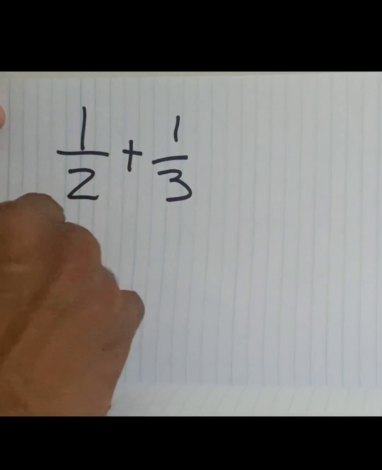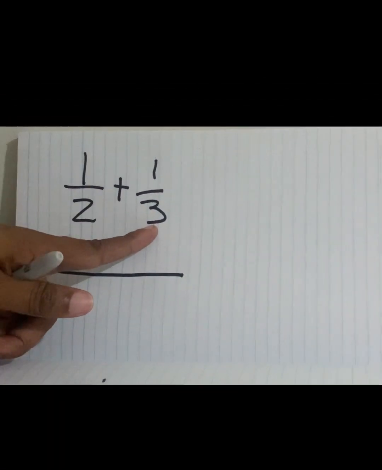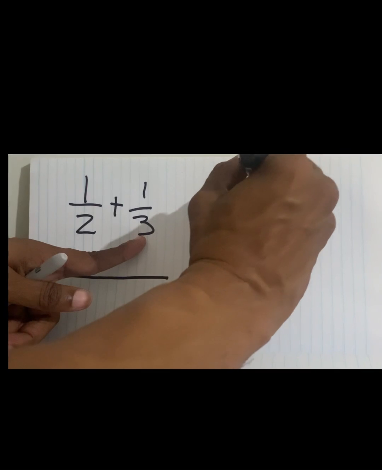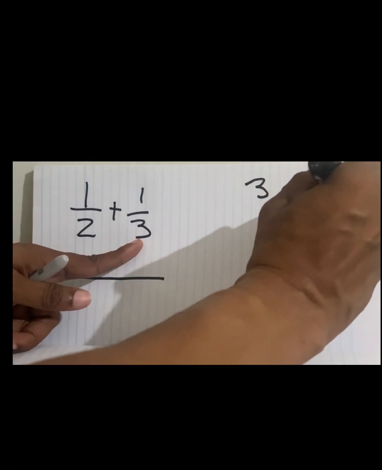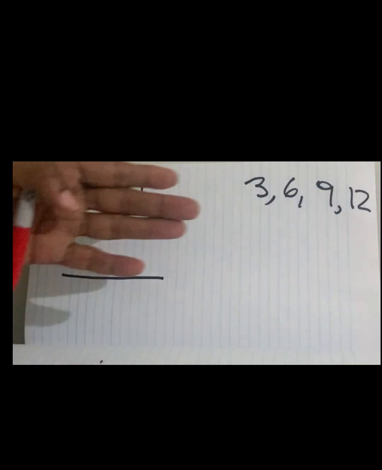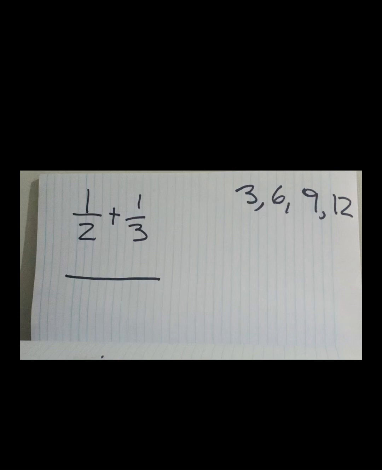Let's do one more where we have a half plus a third. What's the number that both can go into and not leave a remainder? Let's work with multiples of 3, which is the larger number. So we have 3, 6, 9, 12. If you look closely, 2 can go into 6 and 12 without leaving a remainder.